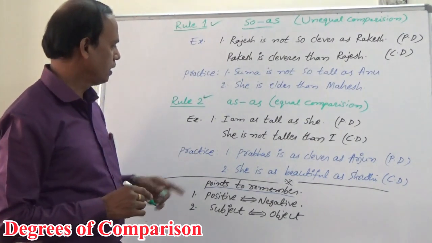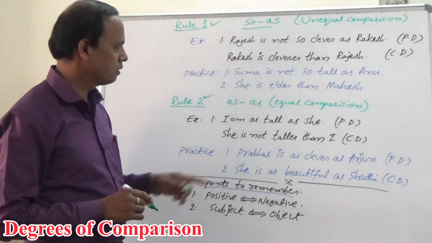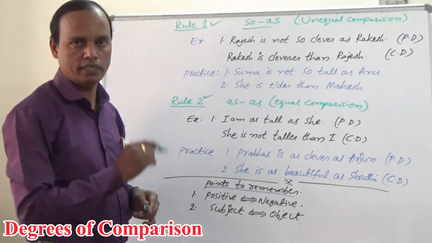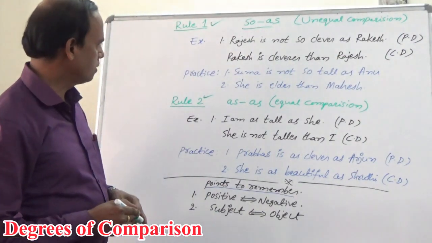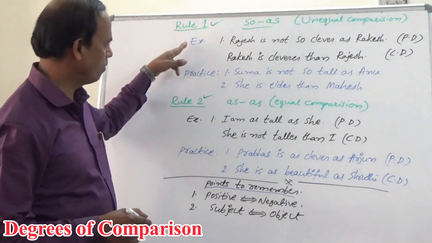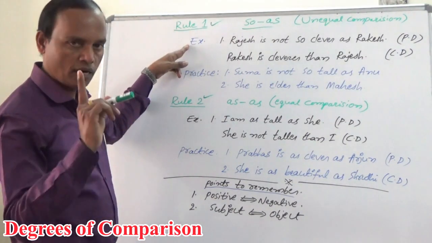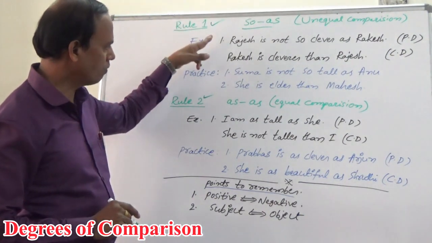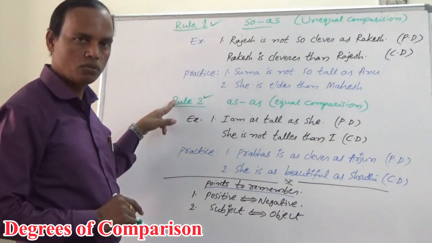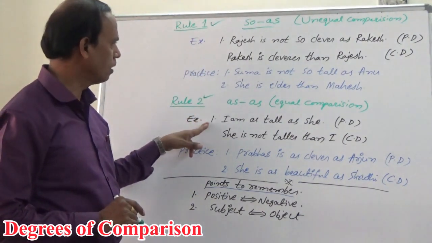In rule 2, "as" comes. Equal comparison. I have given one example for each rule. Rule 1, one example. Rule 2, one example.